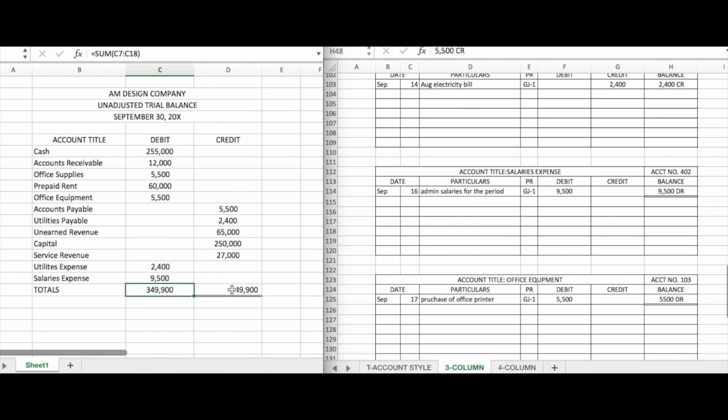Okay, so this is one of the dilemmas of students. This is their first horror story if they do not equal, meaning there was something wrong in the journal entries in the first place, right? And we already had the general ledger, so it's really a domino effect. Okay, so in the next lesson we will now do adjusting entries.